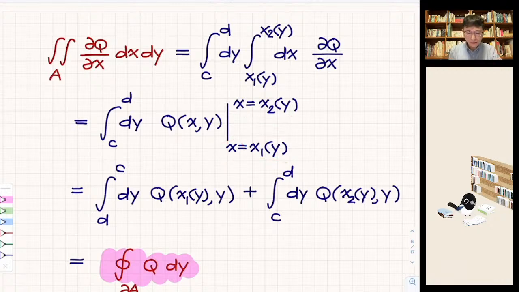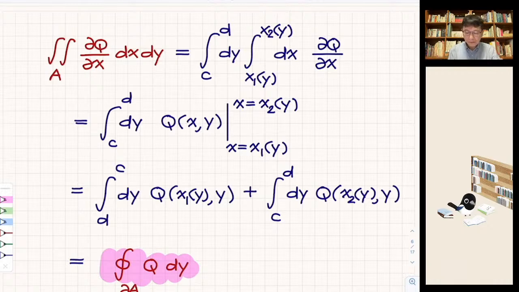So for the x1y, it has a minus sign, so then we can absorb that minus sign by changing the lower and upper bound from D to C. On the other hand, for this x plugging into x2y, it's simply just C to D. So now you got these two terms, and let's see what this step means.